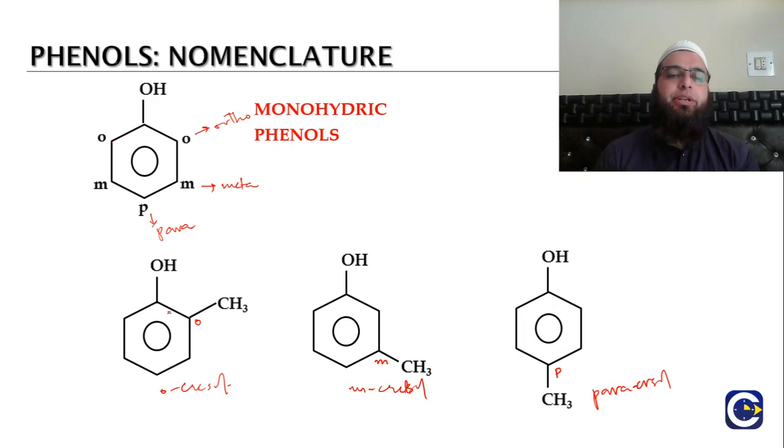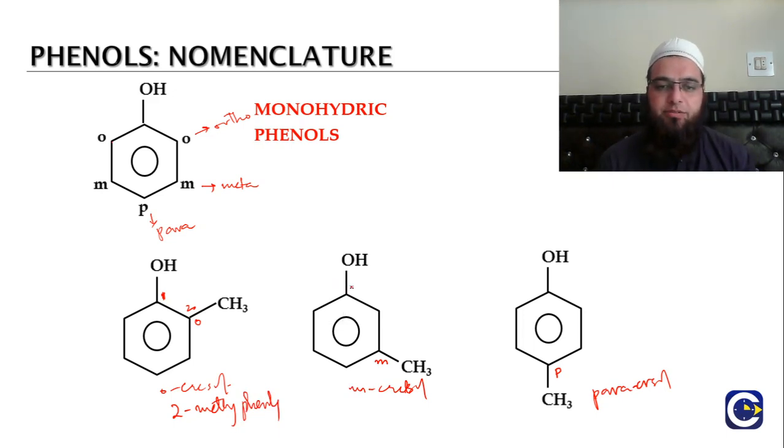If we try to name it according to the IUPAC nomenclature, then we have to specify the positions. This is carbon 1, we'll give this number. If we give the numbering to the carbons, then this carbon is at number 1 position, and this is 2, okay. So we call this 2-methyl phenol, okay.